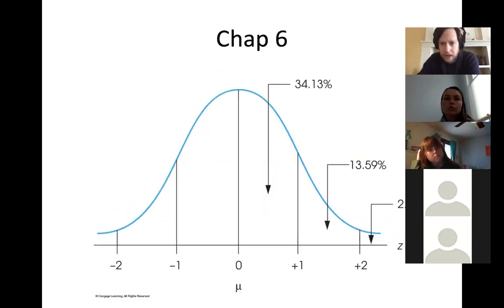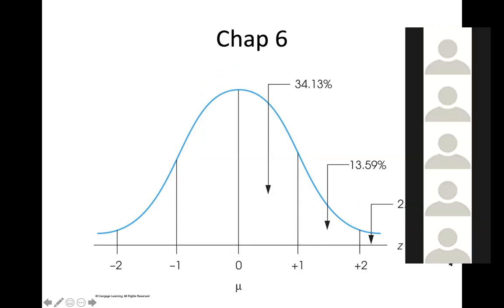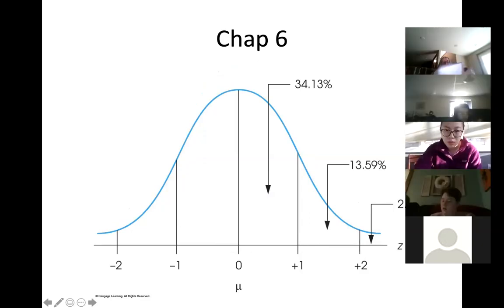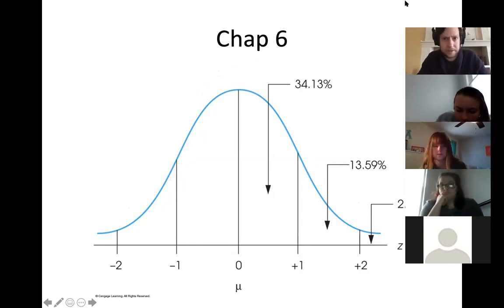So let's, first off, I do want someone to try and remind me here. Can someone remind me, what is the formula for a z-score? Does anyone remember the formula for z-score? It's x minus mu over the standard deviation. Yep, x minus mu over the standard deviation.